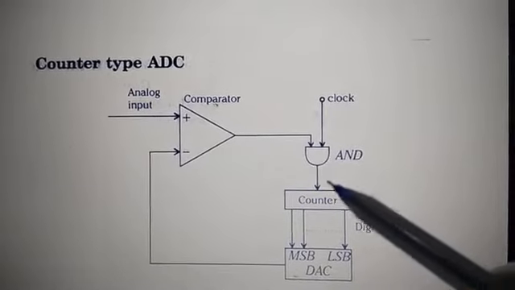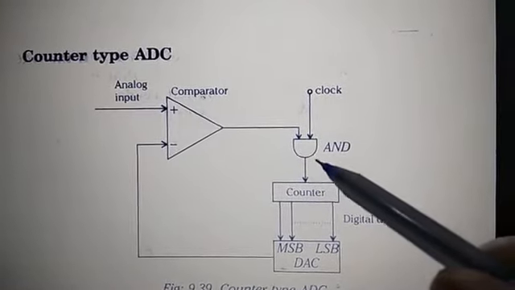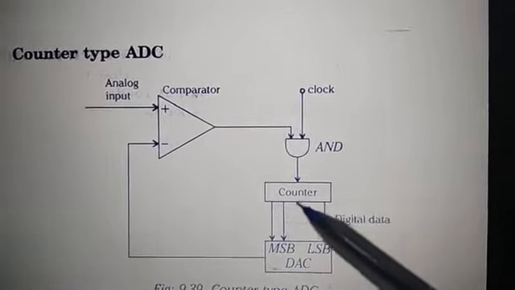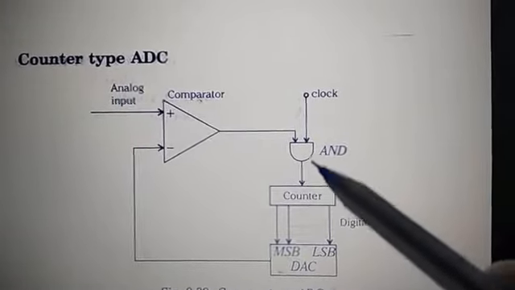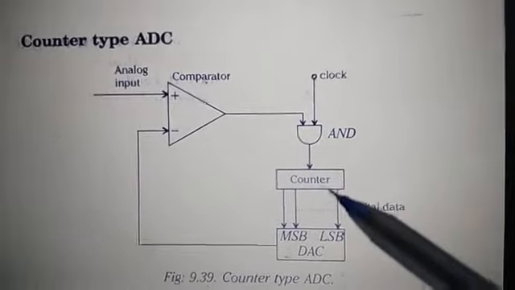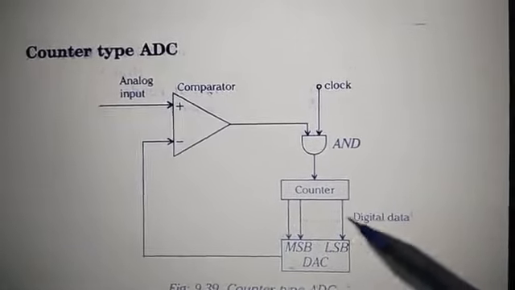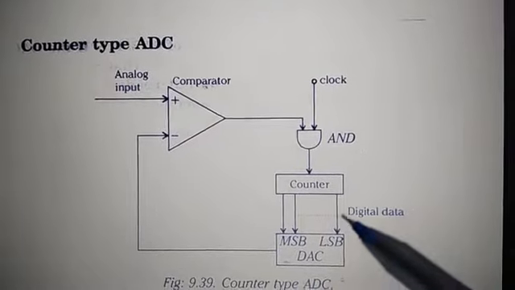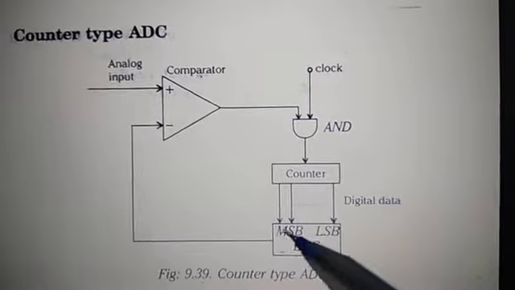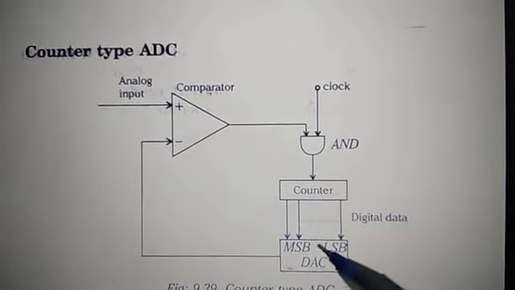This ANDing output is obtained from the AND gate and applied to the counter. The counter will count the pulses according to the analog input and clock pulse, and this output is called the digital output, from LSB to MSB. This is LSB, this is MSB. So you will get the digital output.